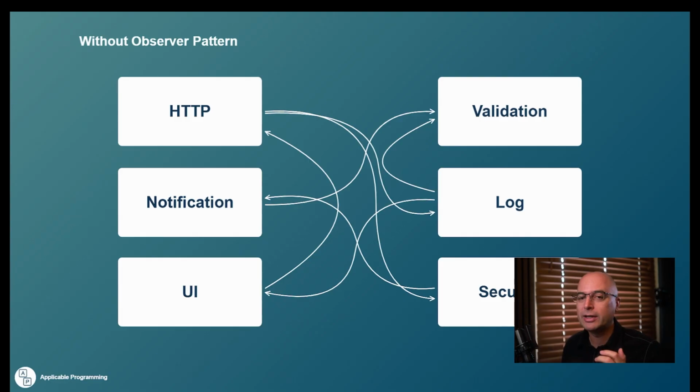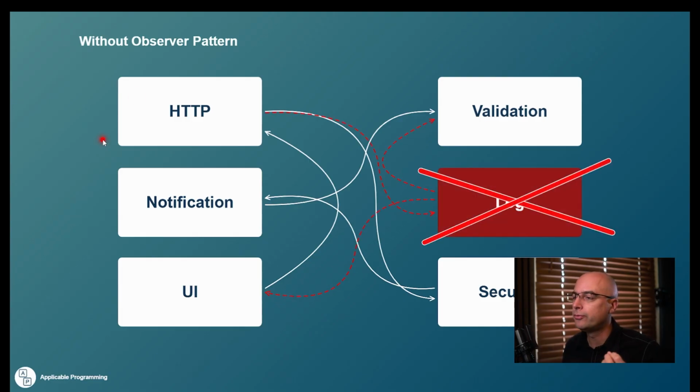But also, what happens when we remove one of these modules? How will our code behave? Sometimes we just have to remove some module by design. We have the need to do that. It's a requirement. So it becomes a bit tricky to have modules cooperate and yet have them completely separated in a way that they should not be aware of each other and they should not care if other modules exist.